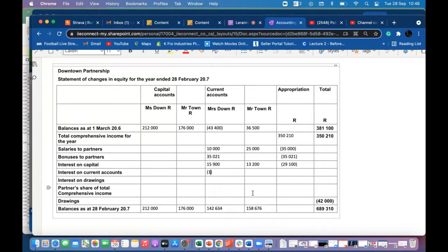Negative 717.36. And here for Mr. Town, we are paying him, so that's a positive in his current account. Okay, and that gives us an overall positive of 270 something, 276.